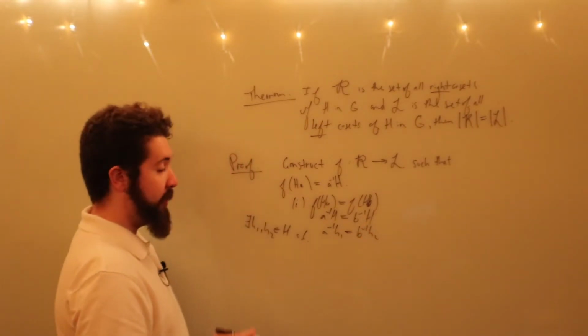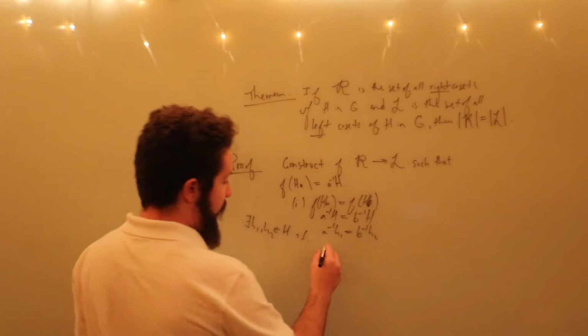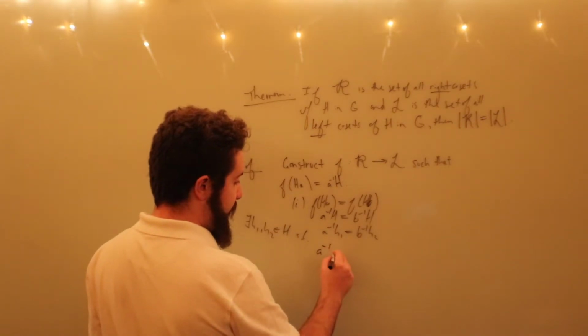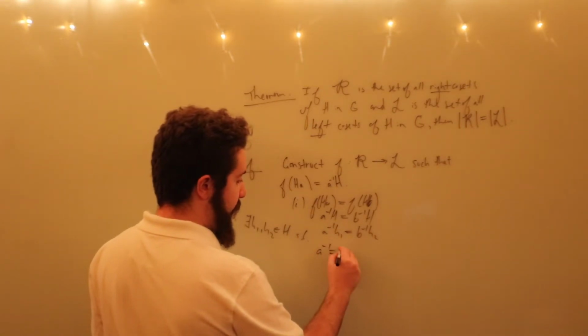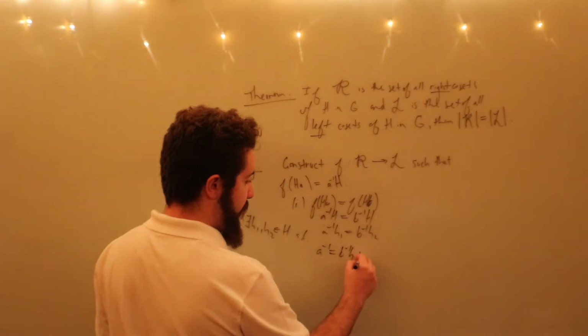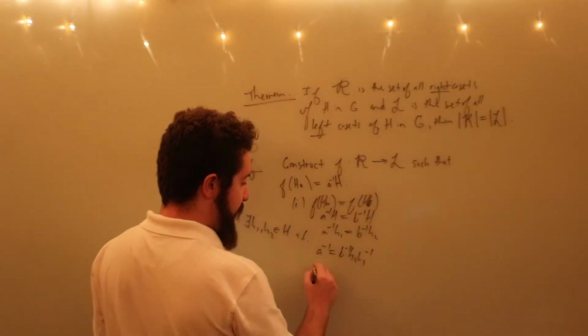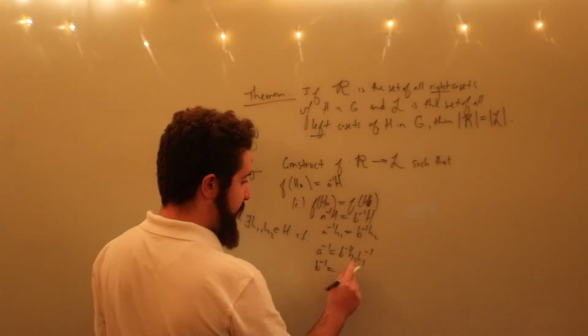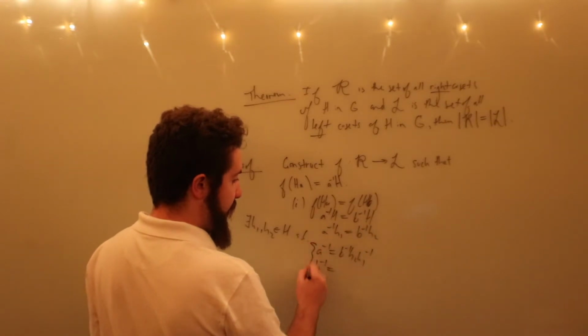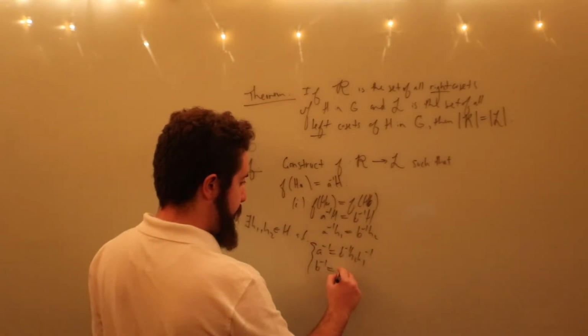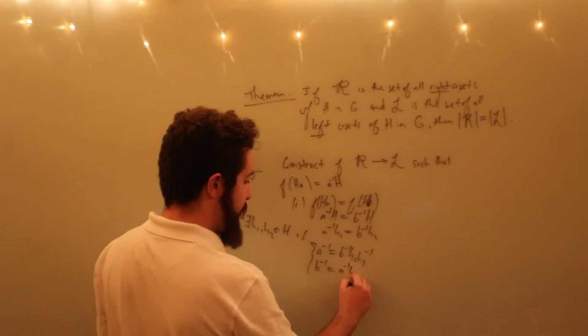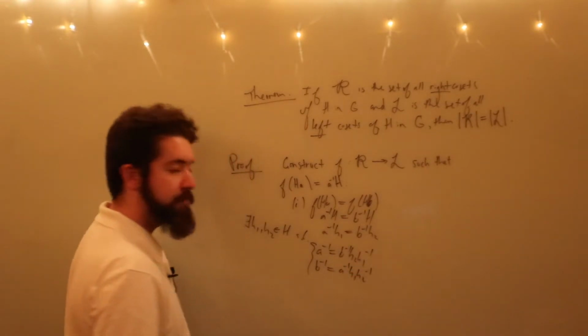Now we can do a similar trick to what we did before, so that we have A inverse is equal to B inverse h2 h1 inverse, and B inverse is, on the other hand, equal to A inverse h1 h2 inverse.